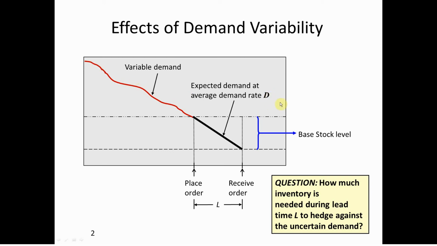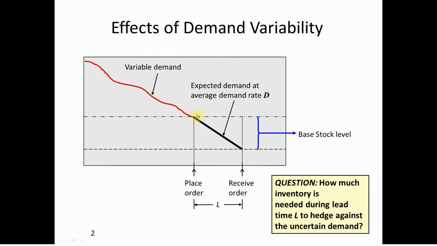Now we're going to imagine that that rate D is not constant and it will vary, so we'll have this curvy line where sometimes we'll have not so much demand, and sometimes a little more demand, maybe a little less demand, etc.